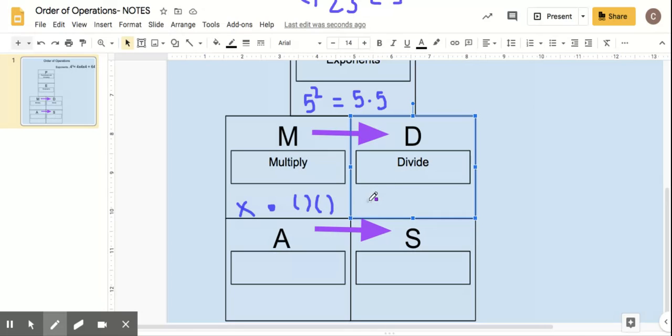Divide is pretty simple. We will have our division sign. And it may also be a fraction. So I'm going to put two types of fractions, the ones that we would write with the horizontal line or the ones with the slanty line, which we sometimes have to type.